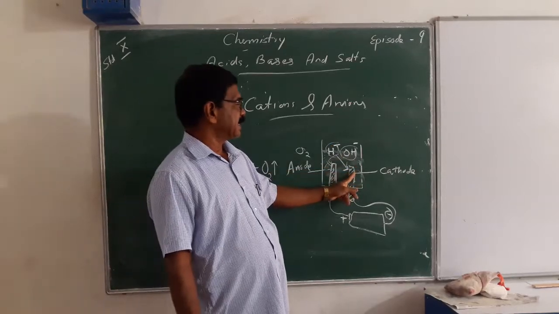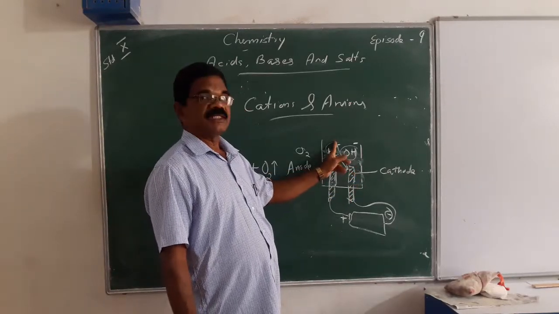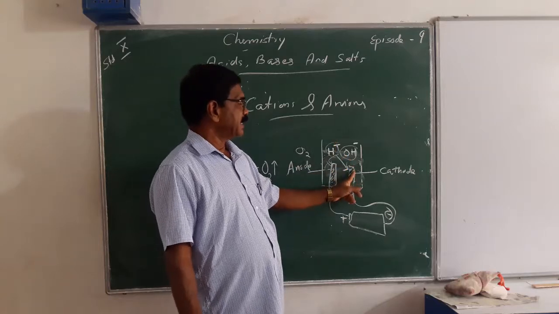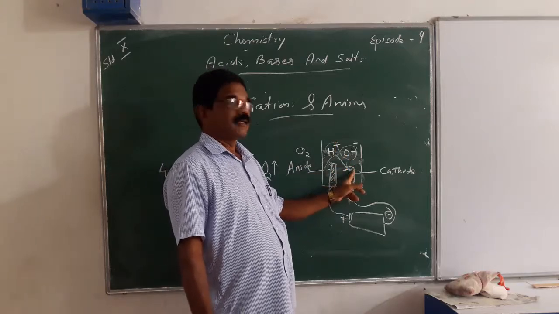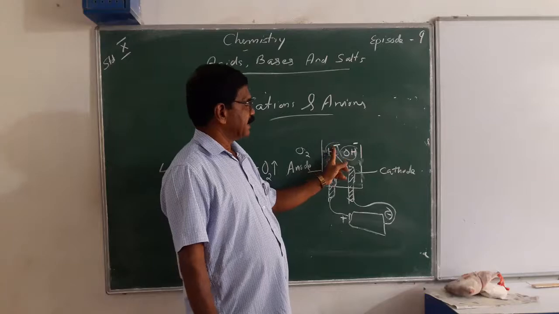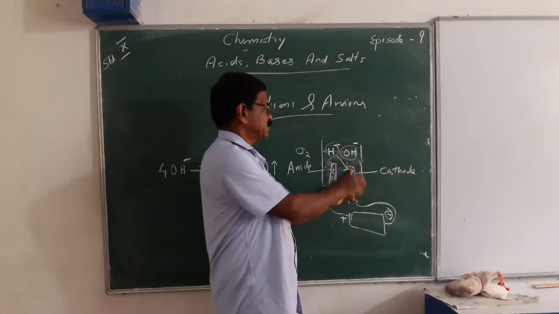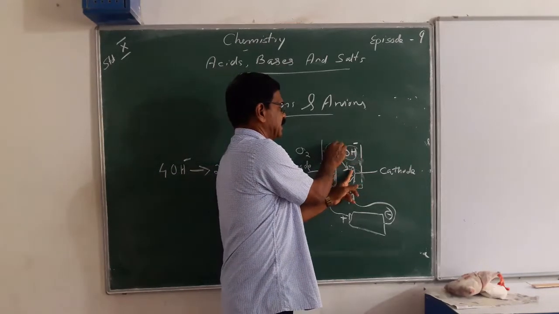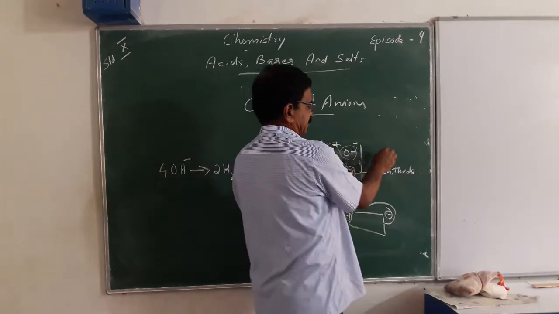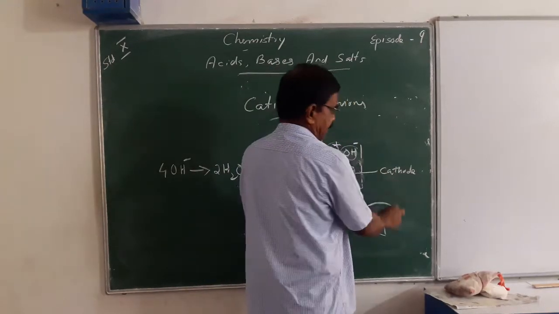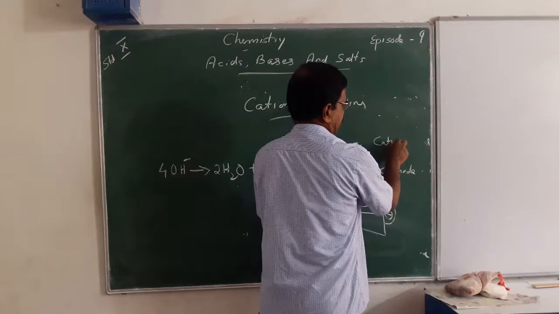Cathode has negative charge, hydrogen ion is positive. So the cathode attracts positively charged hydrogen ions. So these hydrogen ions are called cations.